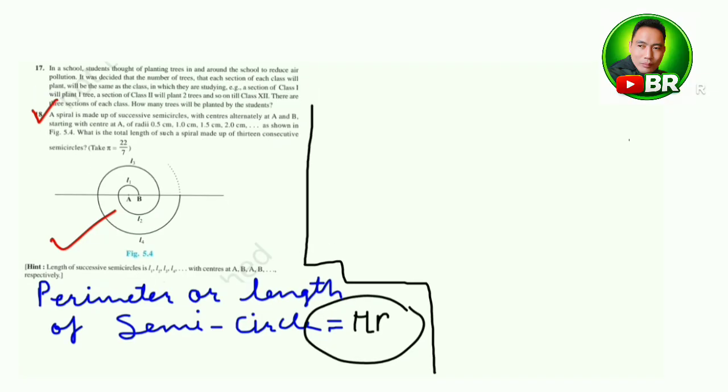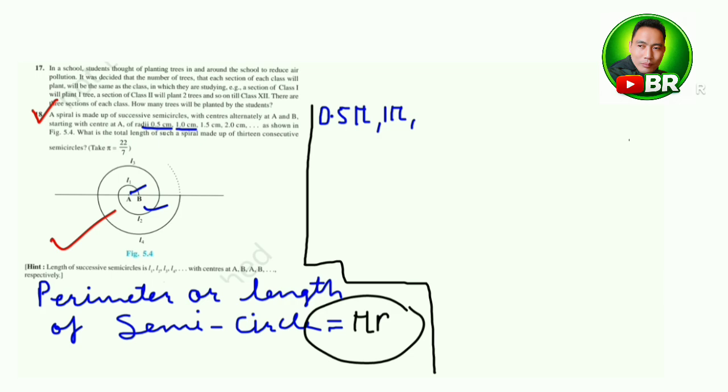Firstly, length of first semicircle will be, here is given radius of this semicircle is 0.5 centimeter. So, its perimeter will be 0.5 pi. Similarly, length of second semicircle, its radius is 1 centimeter, so here should be 1 pi.